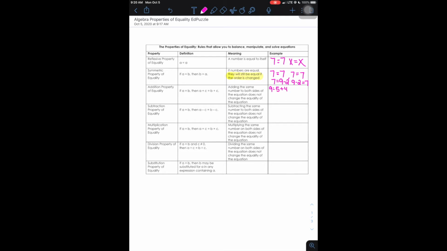And if we add 2 to both sides, we're still going to have an equivalent expression. I actually ran out of room on my box, but in your box you should see that both sides equal 11. So what this is saying again is that if you add the same value to both sides of an equation, they're already equal to each other, then it does not change the equality of the equation.